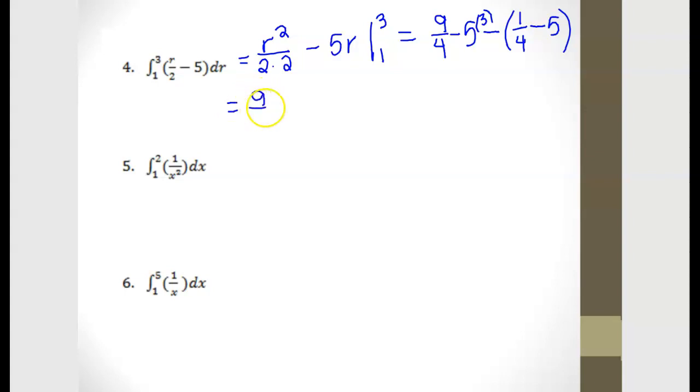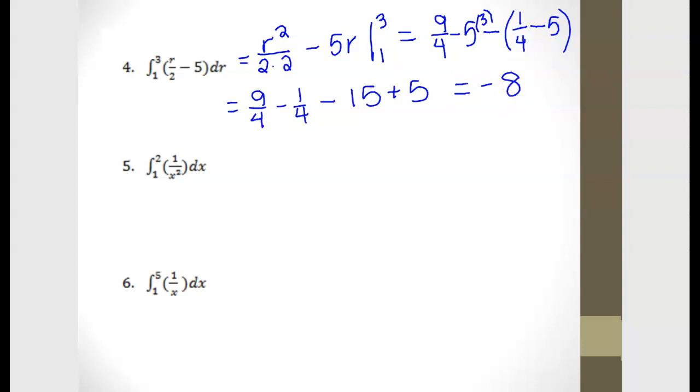So 9/4 minus 1/4 minus 15 plus 5. So you can group together your fractions and your numbers. What's nice about 9/4 minus 1/4 is you get 8/4. 8/4 is really 2. So now I have 2 plus 5, which is 7. 7 minus 15 is negative 8.